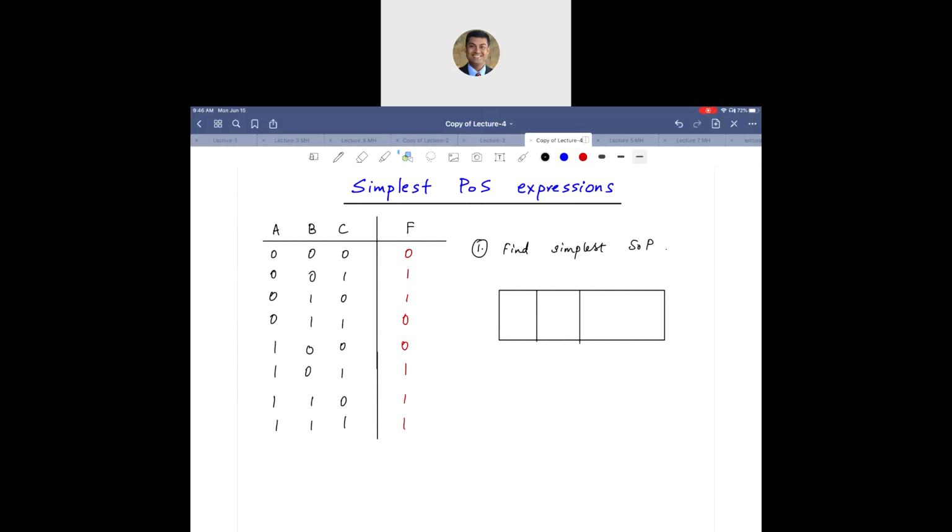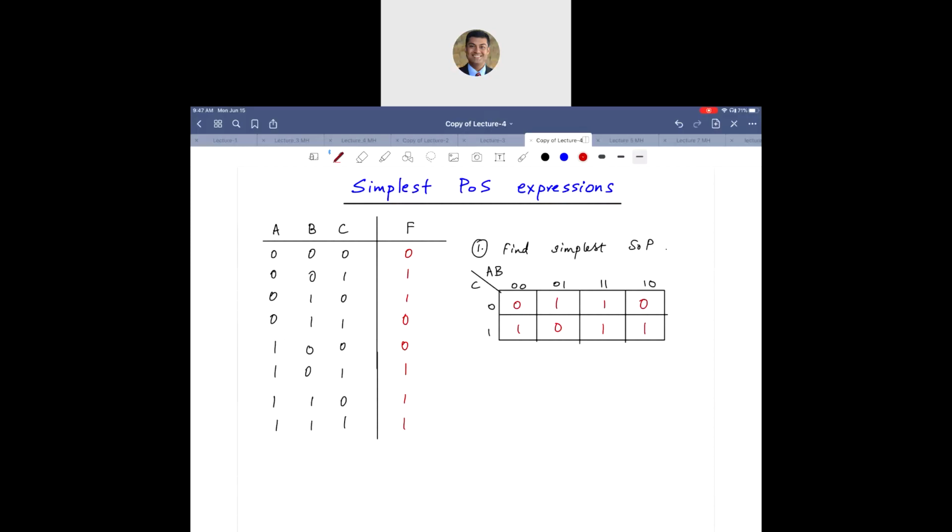I've got A here, B here, C here, 0, 0, 0, 1, 1, 1, 1, 0, 0 and 1. So how do I enter? I enter 0, 1, 1, 0, and then 0, 1, 1, 1.